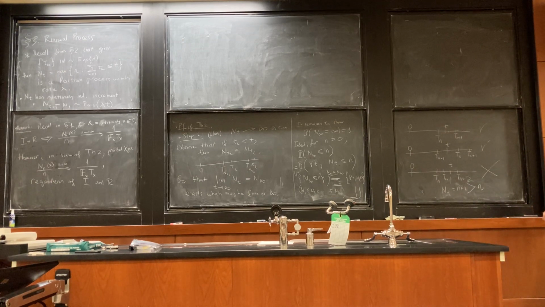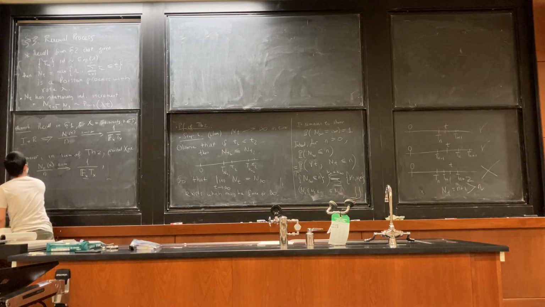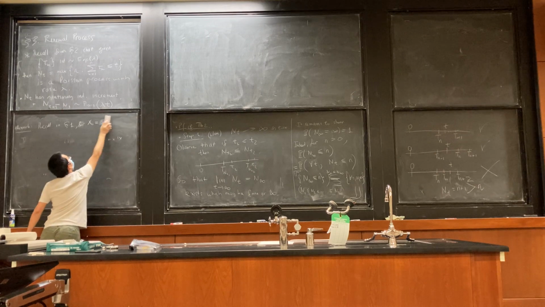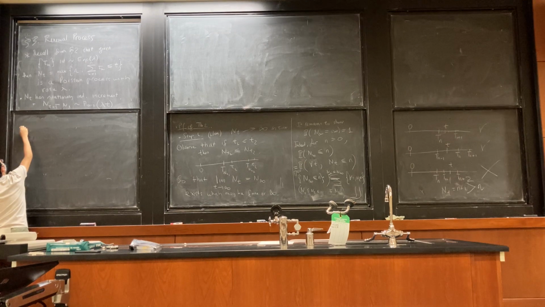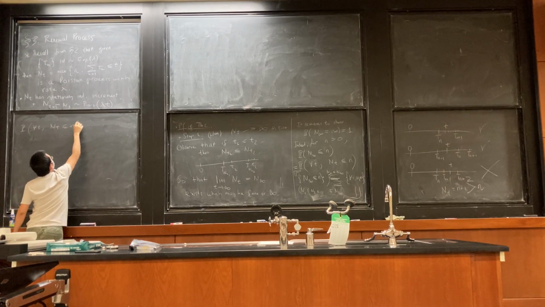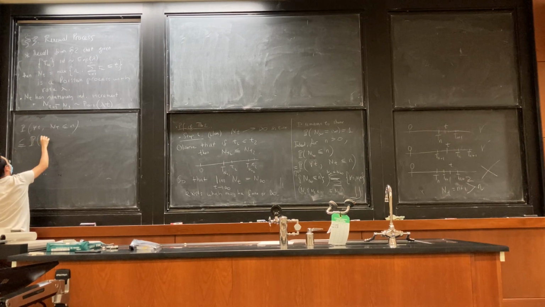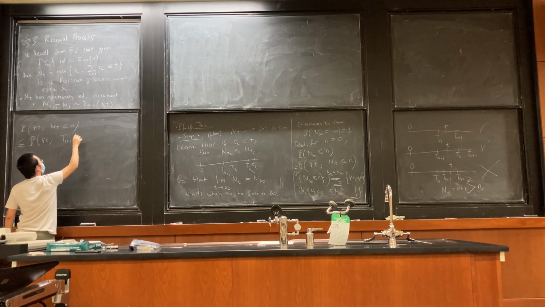So what does it tell me? Okay, let me keep going. So the event that N_t is less than n for all t implies T_{n+1} is greater than t for all t.